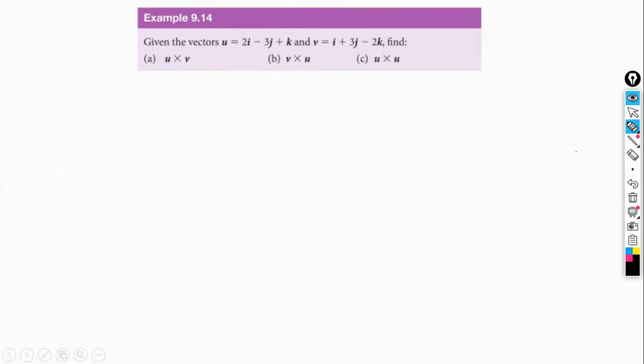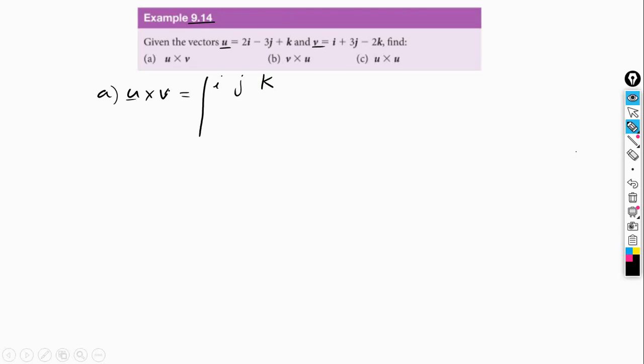So now let's do example 9.14, and it says, given the vectors u and v, find a, u times v. So this is the cross product of u and v. Remember that this is what we do. The first row is going to be i, j, and k.